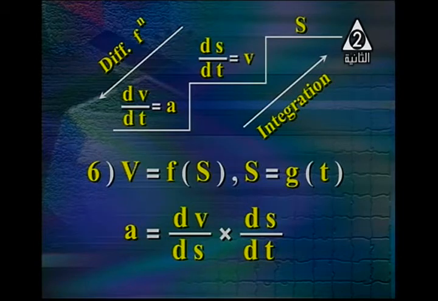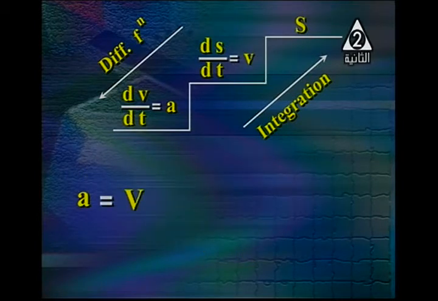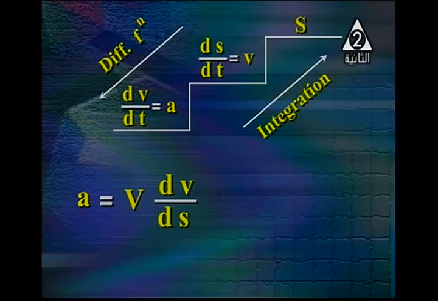We know that acceleration is the derivative of velocity with respect to the time t, but in this equation a equals dv over ds times ds over dt. What does that mean? a equals v dv over ds. Why? Because v means ds over dt. By substituting v for ds over dt, acceleration a equals v dv by ds.